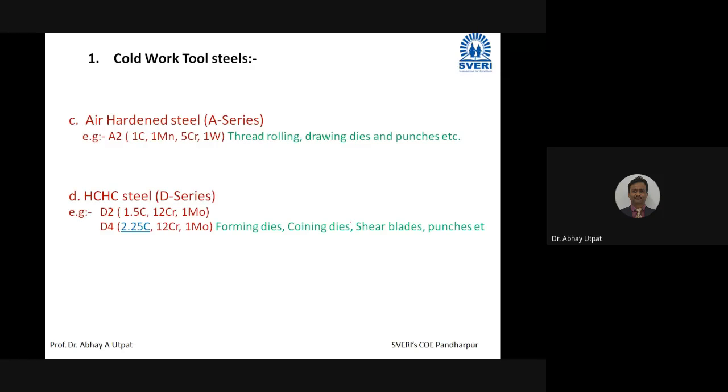But if you cool in air, austenite converts back into pearlite, and ultimately the microstructure will be pearlite. As there are no alloying elements, there are no alloy carbides. So the aim is not achieved by cooling in air. Hence, water hardened steels cannot be air hardened. I hope you understand. In between, if you want to compromise, that is oil hardened, OHN steel.